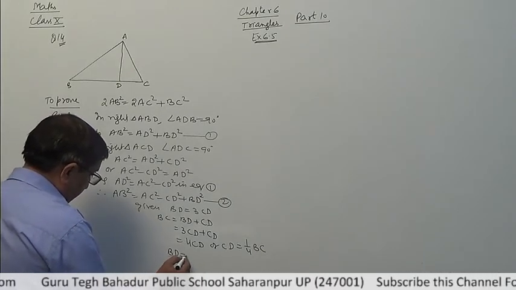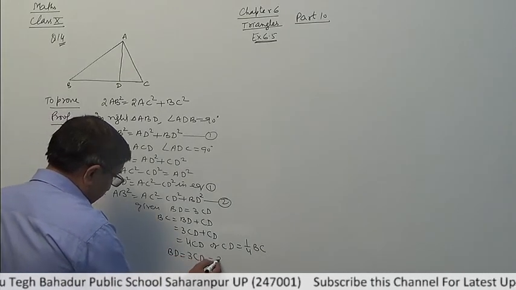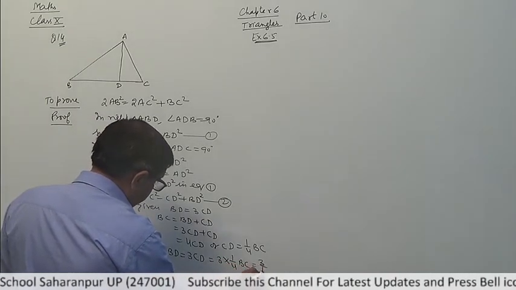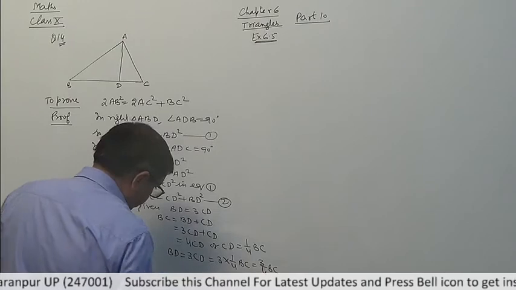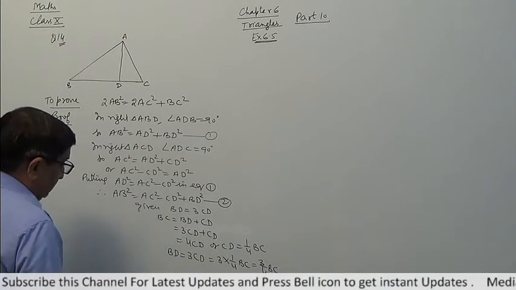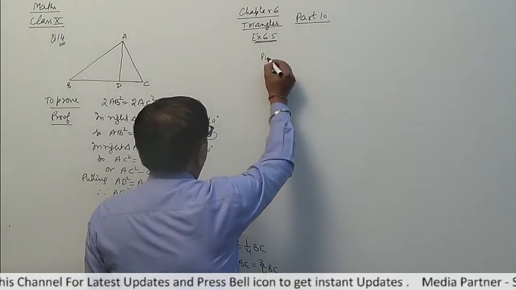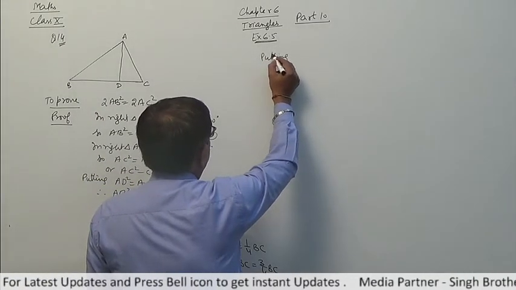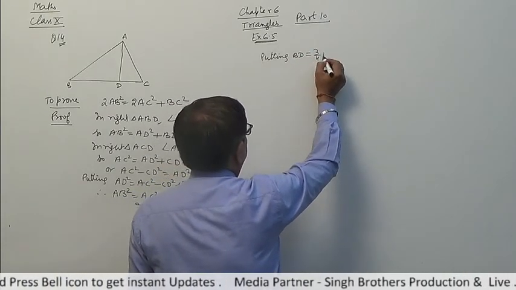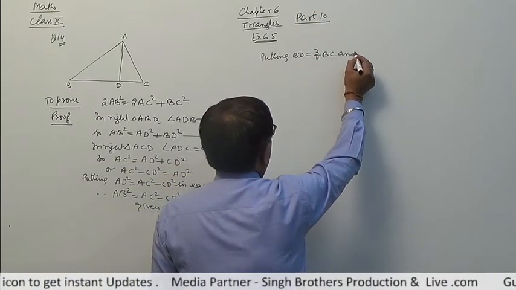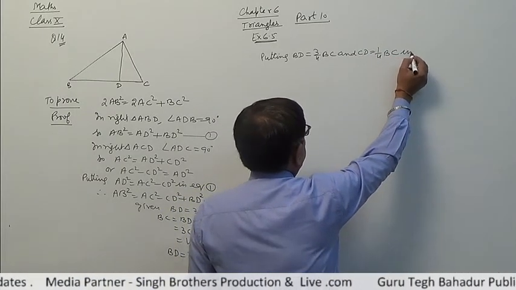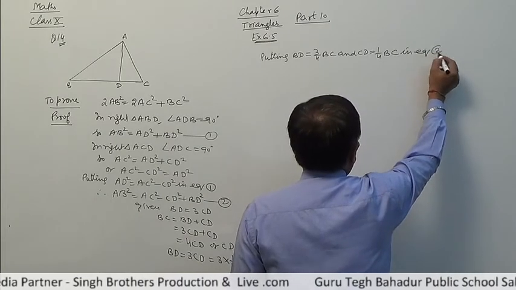BD is equal to 3CD, so 3 into 1 upon 4 BC, 3 upon 4 BC. Putting the value of BD is equal to 3 upon 4 BC and CD is equal to 1 upon 4 BC in equation 2.